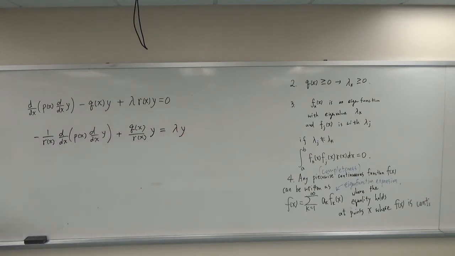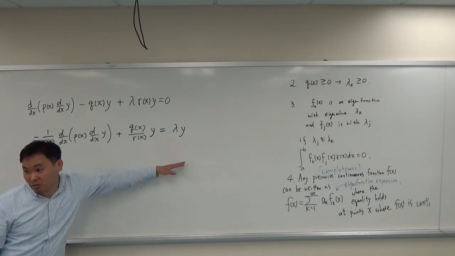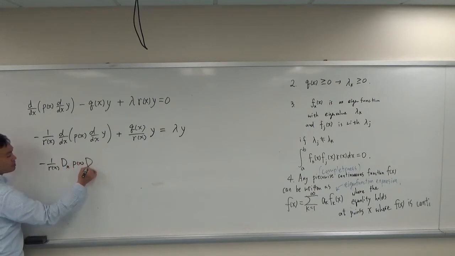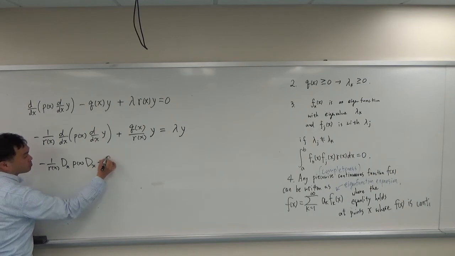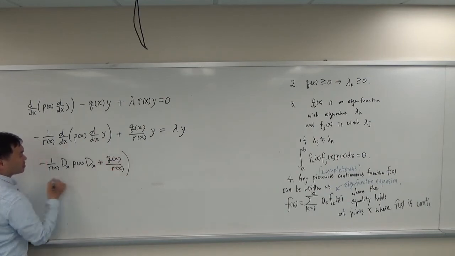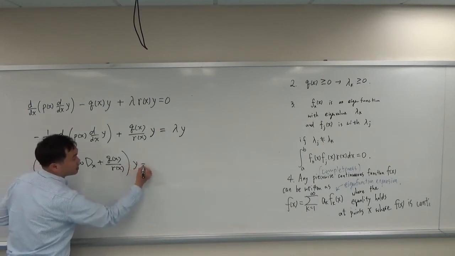Now it still doesn't look like A times y equals lambda y, so I'm going to rewrite the left side in operator form. In operator form, it's 1 over R(x) times, let me just write this as d/dx, p(x) d/dx, plus q(x) over R(x), applied to y equals lambda y.